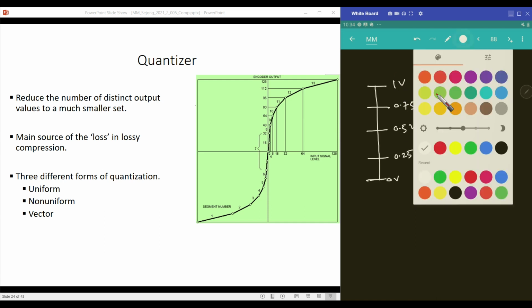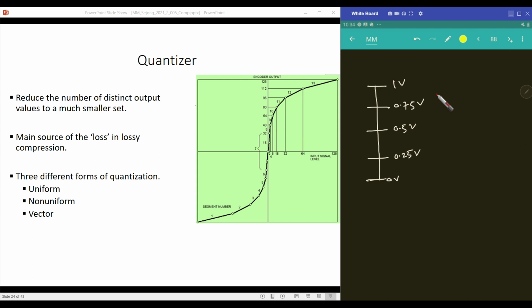Now, let's say any input voltage comes somewhere between 0 volt and 0.25 volt, within this range. Any voltage that comes within this range, we assume that its value is in between these 2 levels. If we take the average, it becomes 0.125.